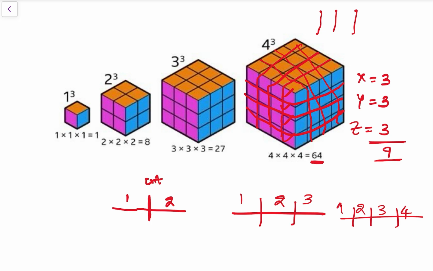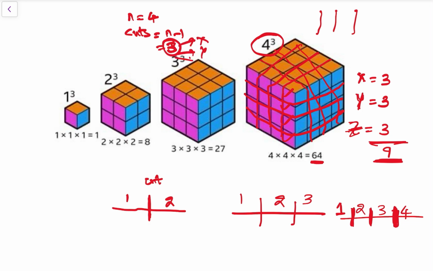So for 64, we need to make 3 cuts on the x axis, 3 cuts on the y axis and 3 cuts on the z axis, we'll get 9 cuts. So when n is equal to 4, the cuts will be n minus 1, that is 3 cuts along each axis. So 3 in the x axis, 3 in the y axis and 3 in the z axis. That will be a total of 9 cuts.